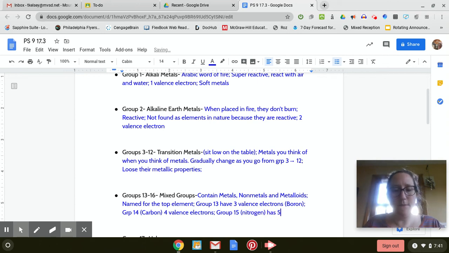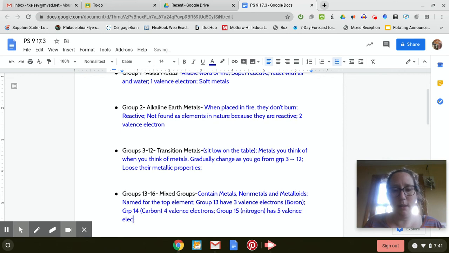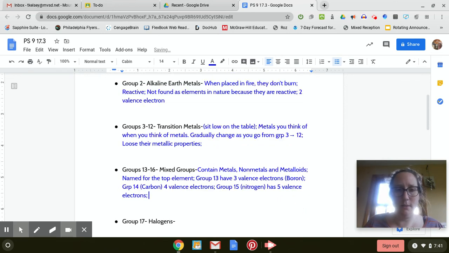Has 5 valence electrons. And group 16, oxygen, has 6 valence electrons. Okay? Do you see what the pattern is there? It's kind of beautiful.